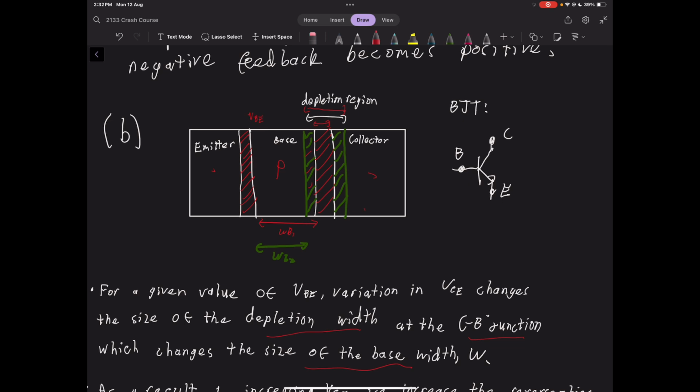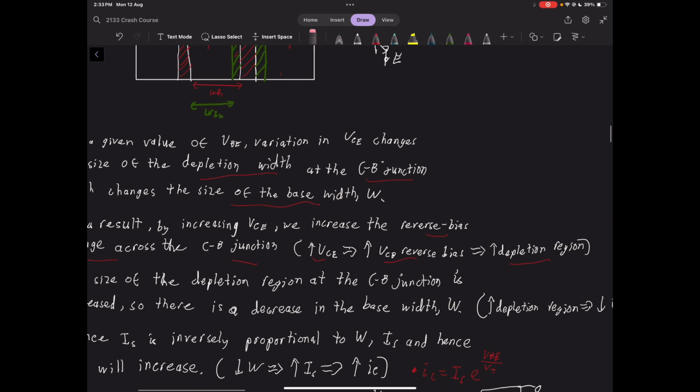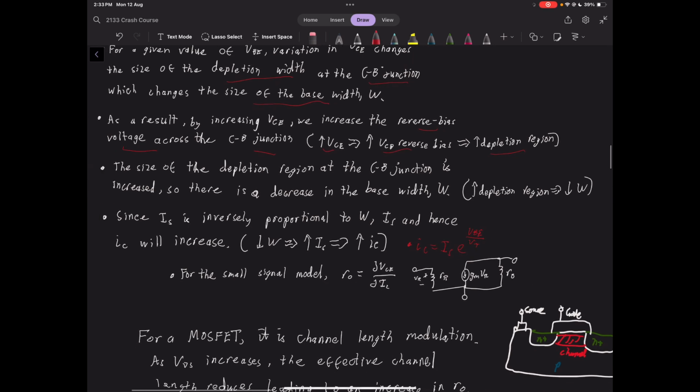So we can see if this WB1 was the initial width of the base, we can clearly see that after we've varied VCE, causing the reverse bias voltage to change, causing the depletion region to change, that decreases the effective size of the base of a transistor.